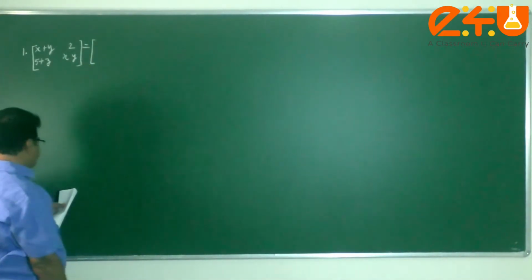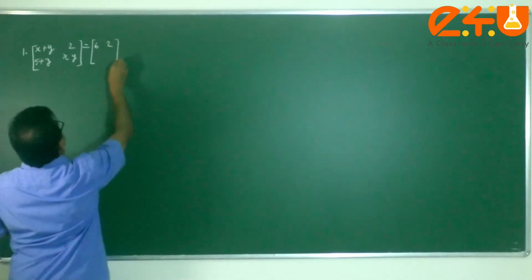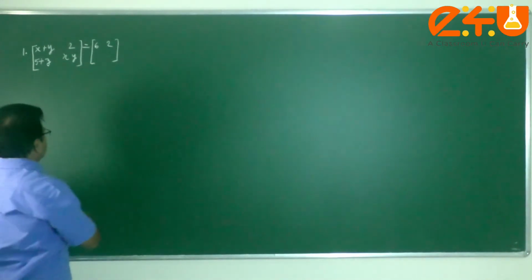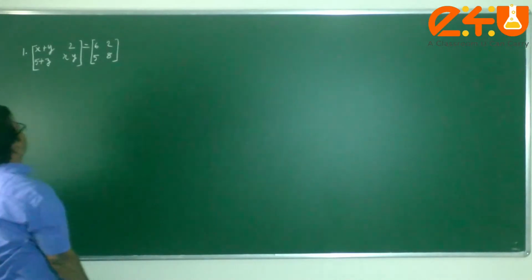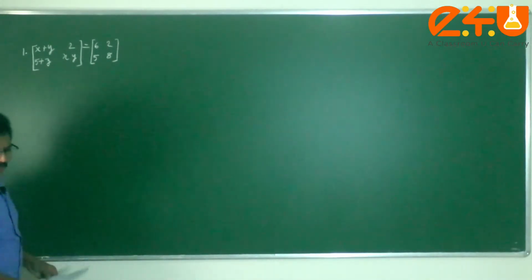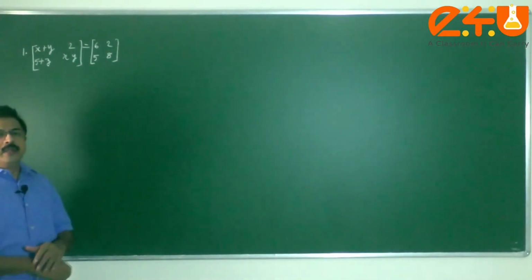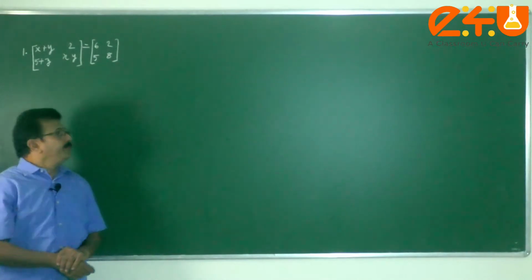And the RHS is a simple matrix consisting of numbers 6, 2 and 5, 8. So what do you observe here? The given matrices are of order 2 by 2.